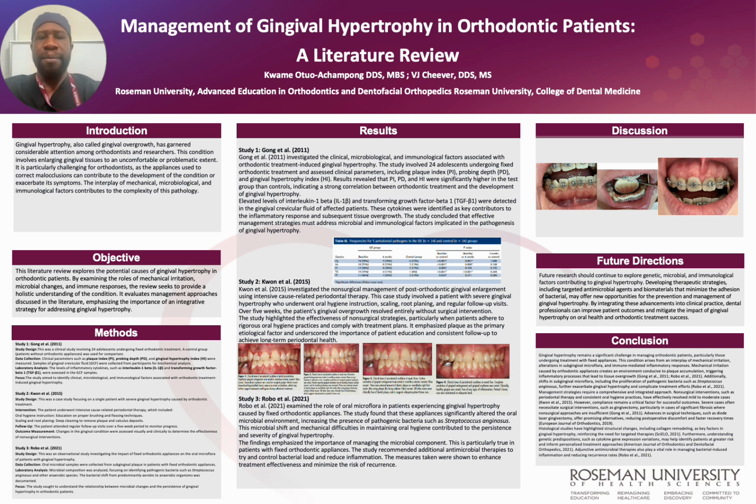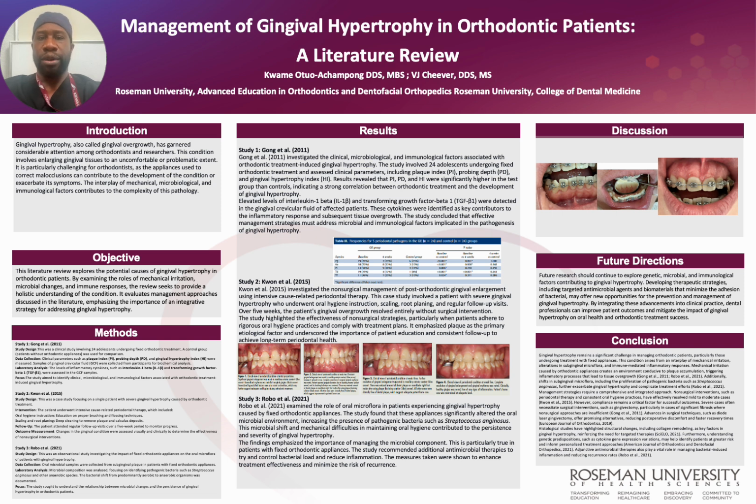There were three main articles that were used in order to gain the results of understanding the management of gingival hypertrophy in orthodontic patients. The first was Gong et al., which investigated the clinical, microbial, and immunological factors associated with orthodontic treatment-induced gingival hypertrophy.